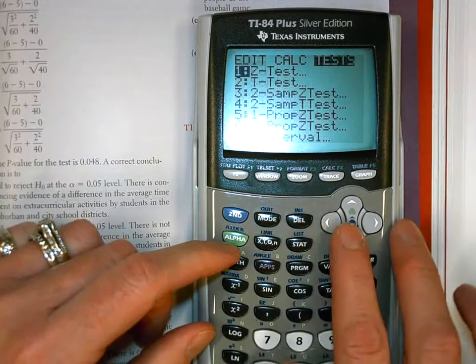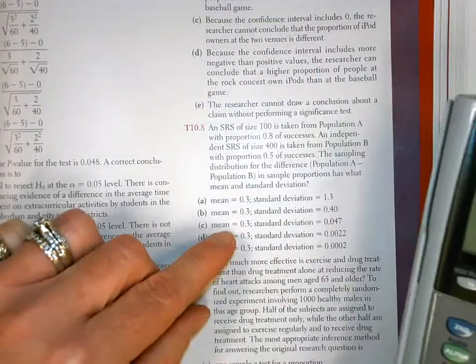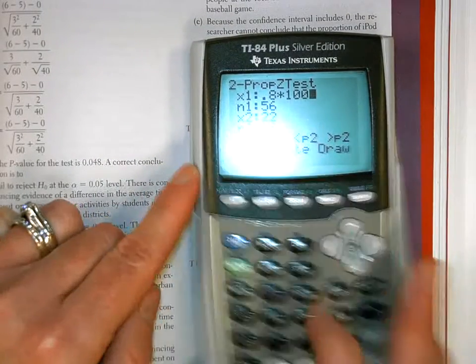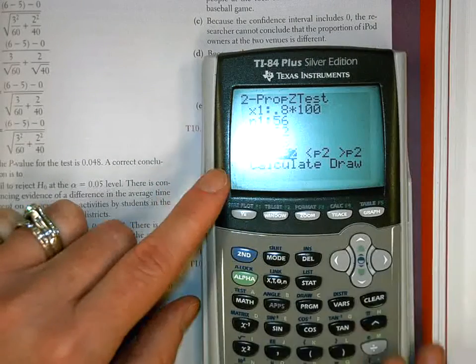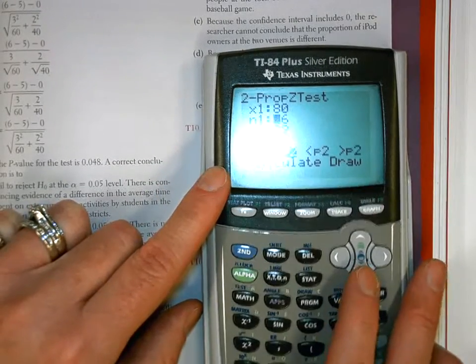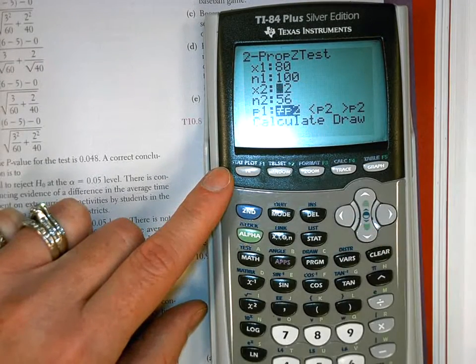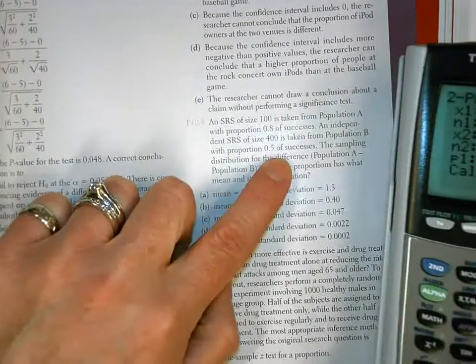So stat, test, 2-prop-z test, and we had 0.8 times 100. Enter. And then our sample size was 100. And then we had 0.5, was 0.5? Yep, 0.5 successes.